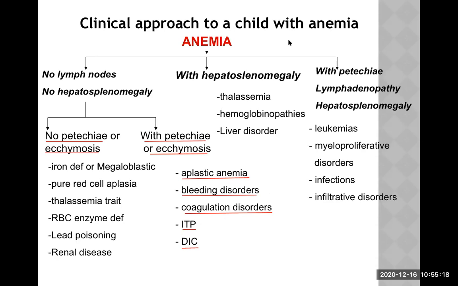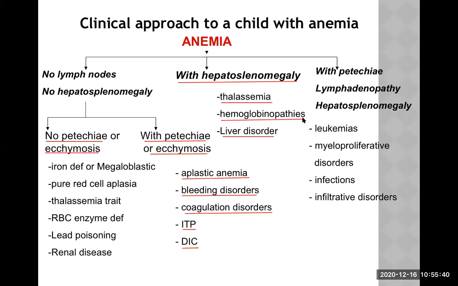Now, if a child presents with anemia with hepatosplenomegaly, we think of thalassemia major. Hemoglobinopathies, like sickle cell anemia, and liver disorder.